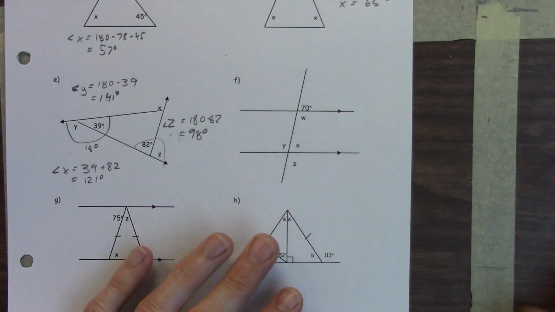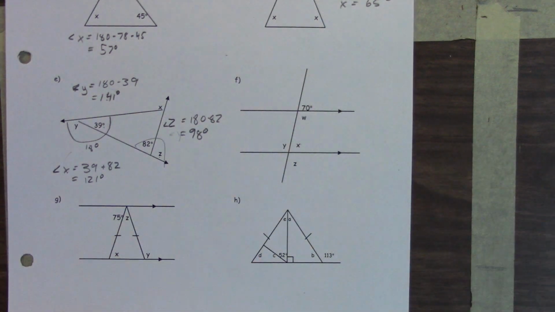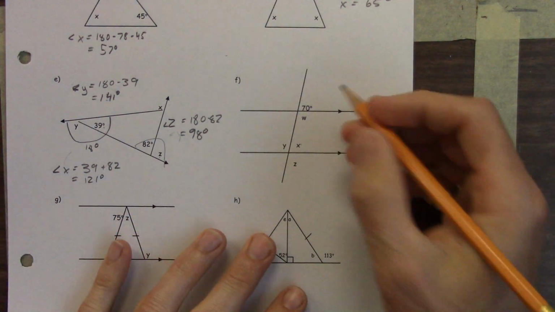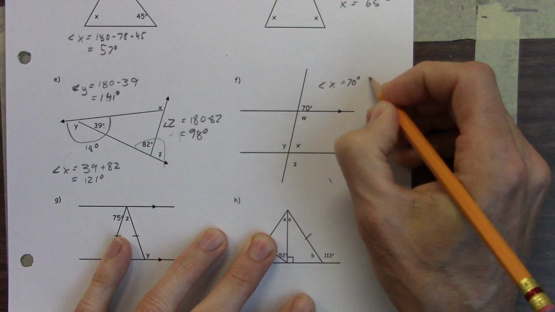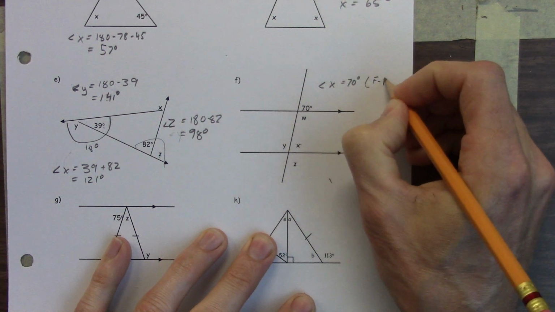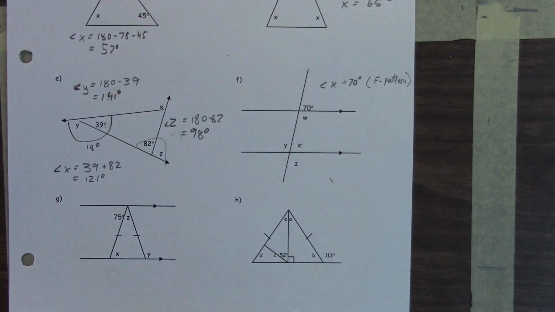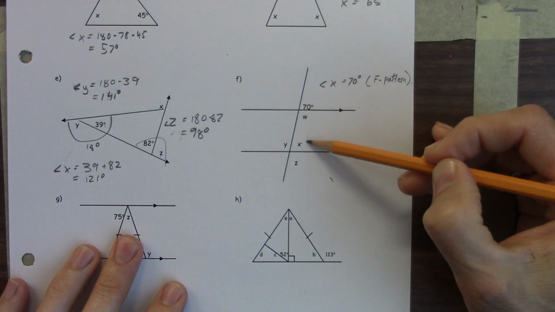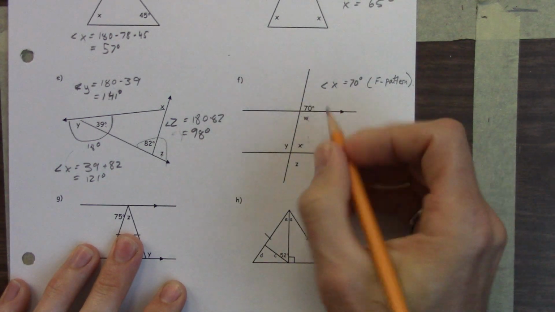Milkius. Let's see. How can you get X? I'm picking X for a reason here. It's the easiest one. Yeah, X is 70. I'm going to put in here the reason. F pattern, right? We know from the F pattern, here's my upside down F, 70 is equal to X. Okay, if X is 70, what is W?